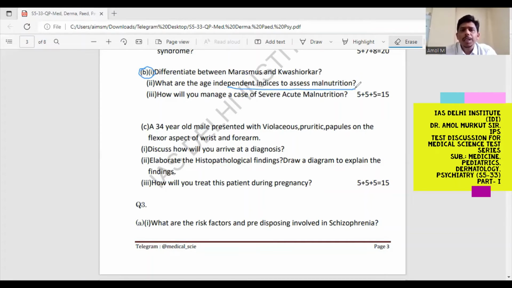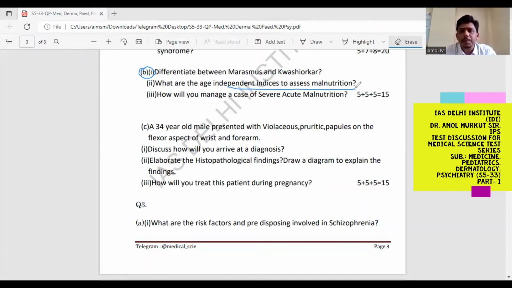See, there are only a few age-independent indices, and we can say only two indices are truly age-independent. One is your mid upper arm circumference, and the other is skin fold thickness over your triceps, which generally remain constant between 6 to 60 months, that is, 6 months of age to 5 years of age.